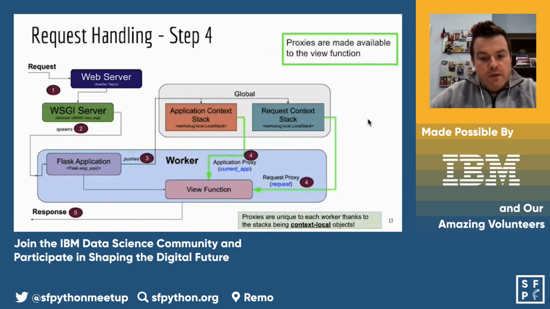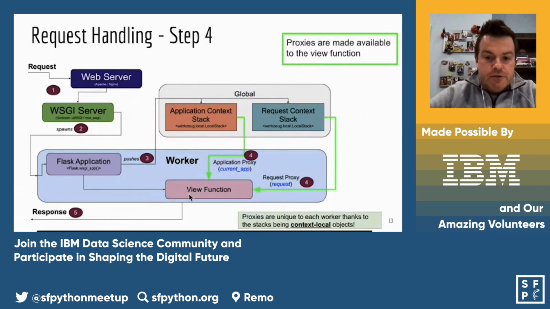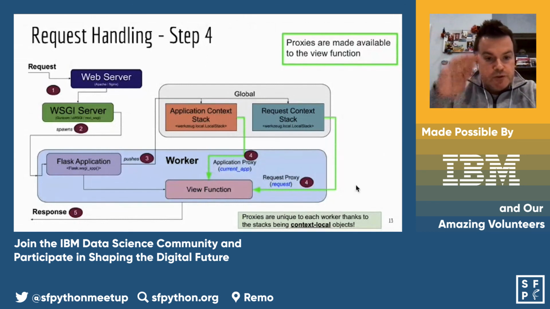Okay. So now step four. Now execution is shifted to our view function, which is the function that's responsible for processing the request. So we've got our code ready to execute, and we've got our application context and request context pushed up onto their respective stacks. And we need some way to make a connection between those two.